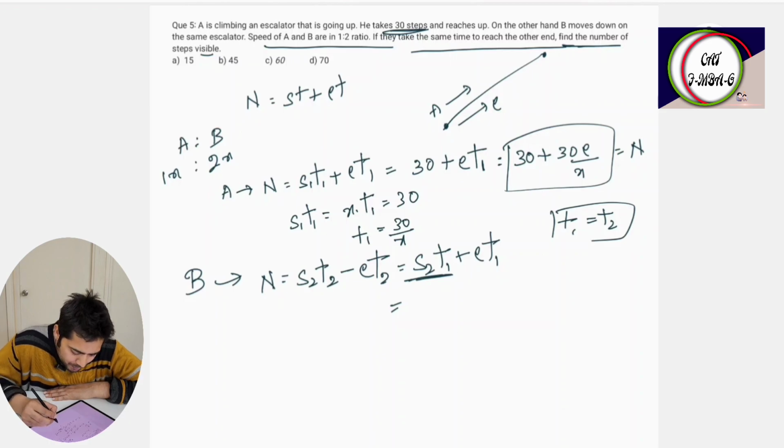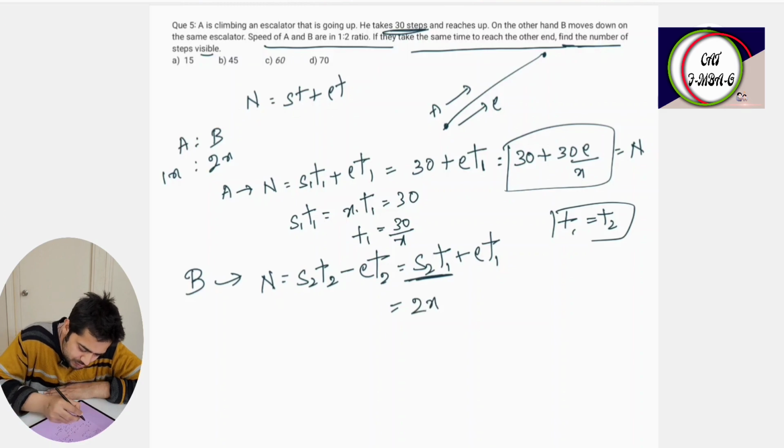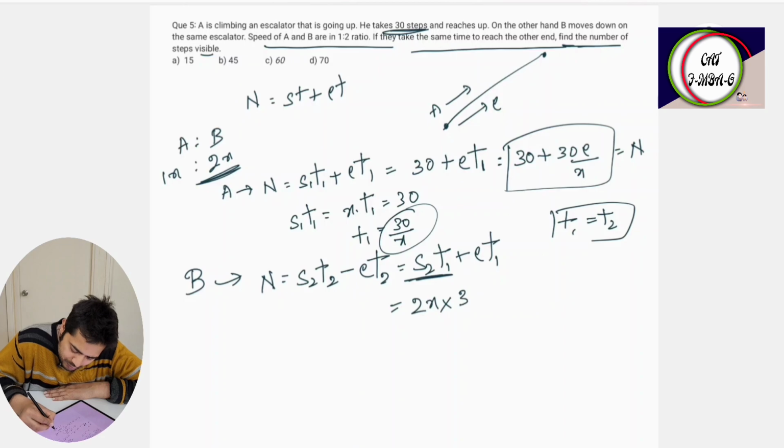It is not given. Okay, s2 is 2x, so s2 is 2x into t1, which is 30 by x, plus e into t1, 30 by x, is equal to n. So x cancels.